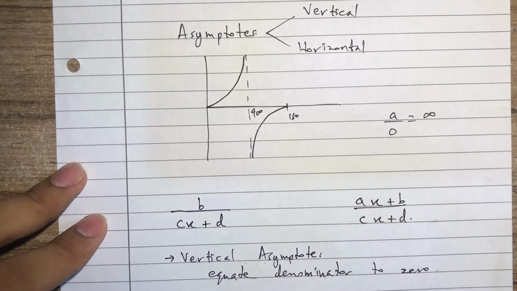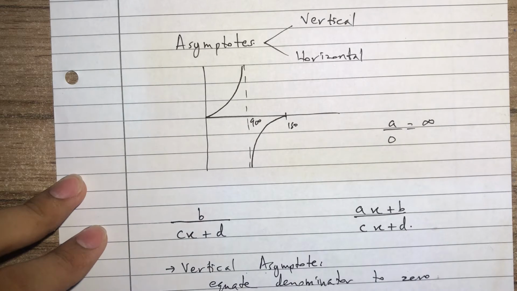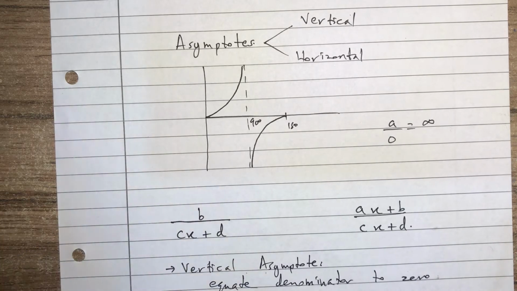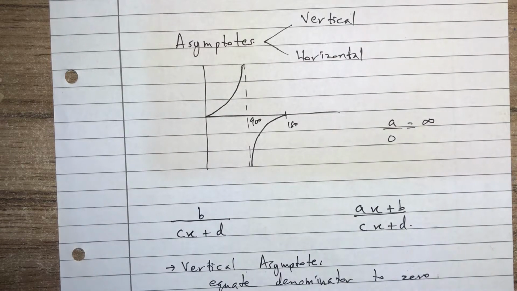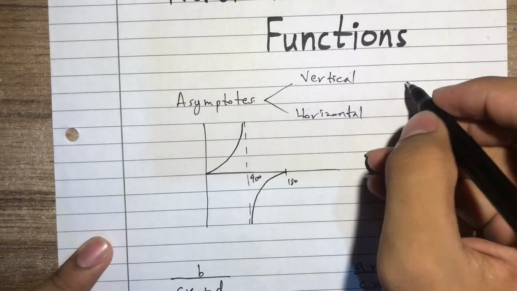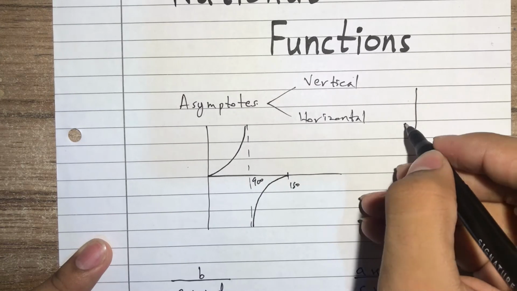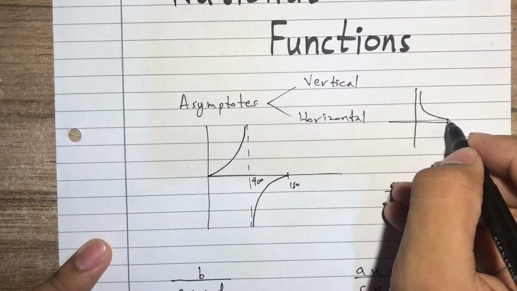The vertical asymptote was the value of x at which the curve was undefined. Now the horizontal asymptote is the value of y when x is undefined or infinite, right? For example, in the basic graph of 1 over x, the graph is something like this, right?